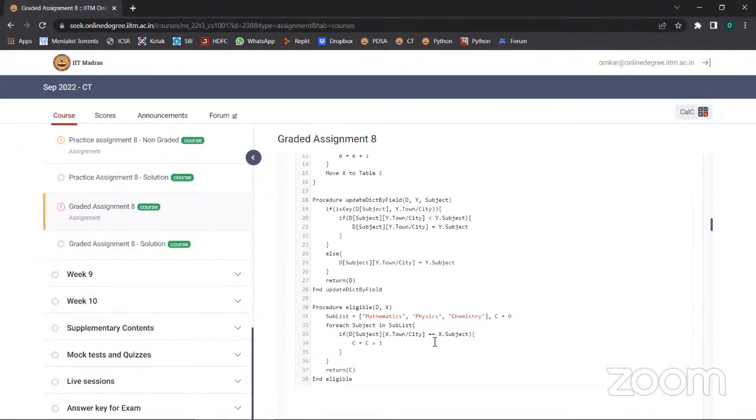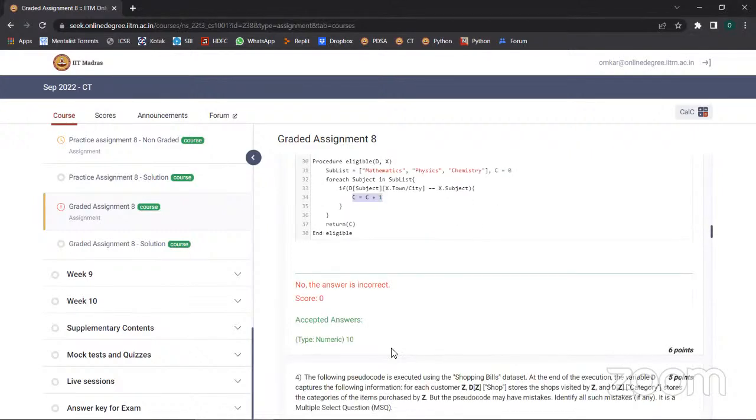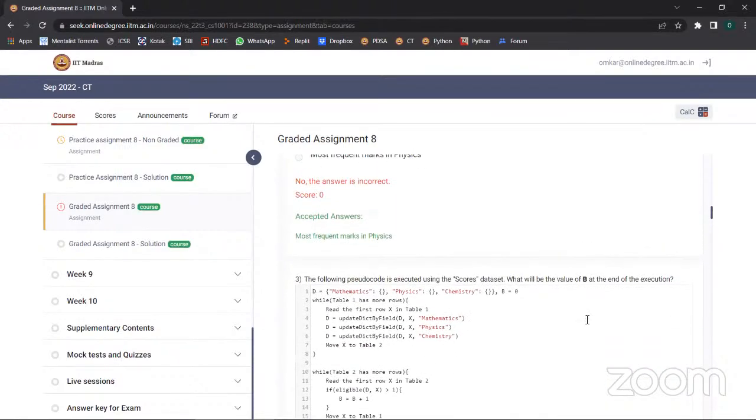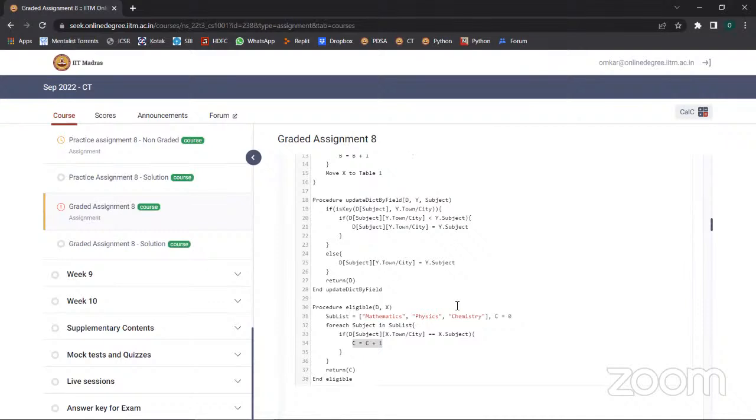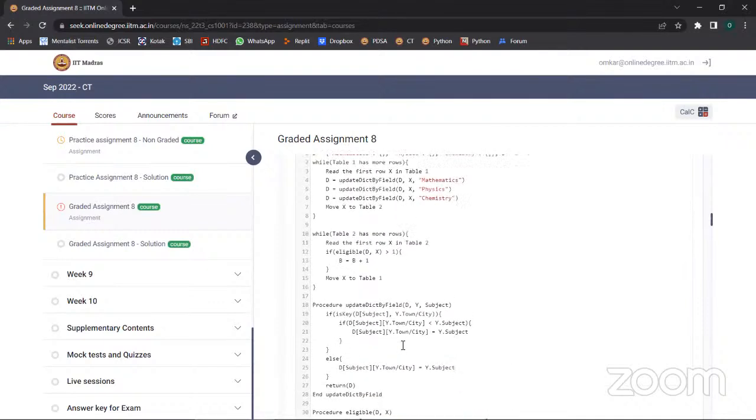And then what we are doing, for this particular subject X, right? Finally this is where C is getting computed, right? The question is about B or C. What will be the value of B at the end of execution? That's the question, right? Line number 10 to 14.